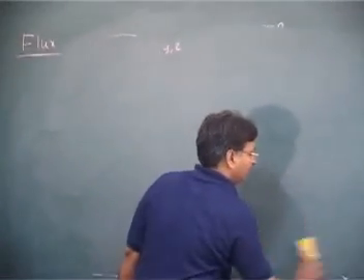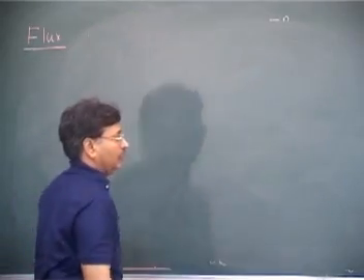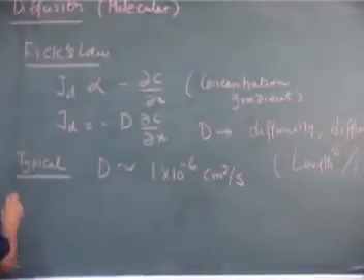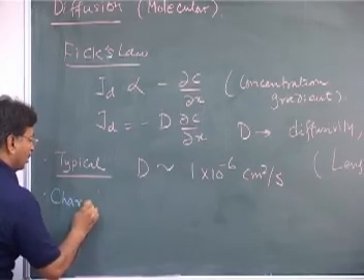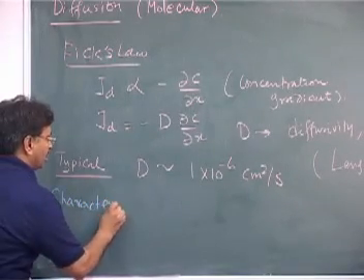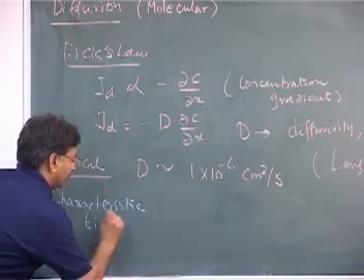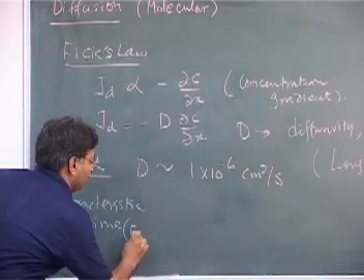Another simple example. Let's also define another thing, the characteristic time for molecular diffusion, and this was given by Albert Einstein.